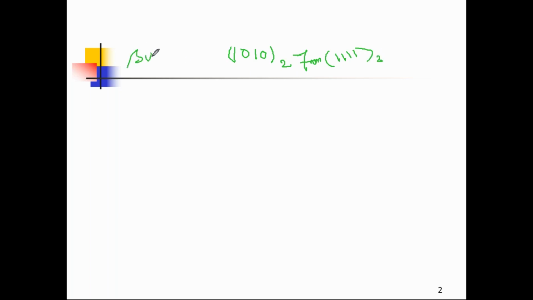So it's very simple. 1111 is taken as it is.